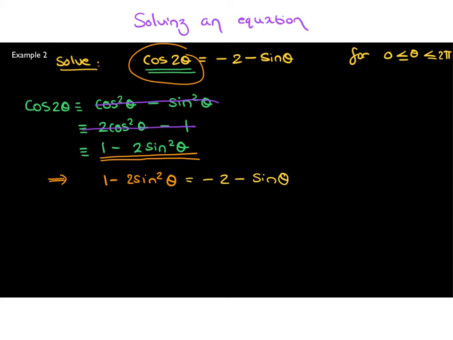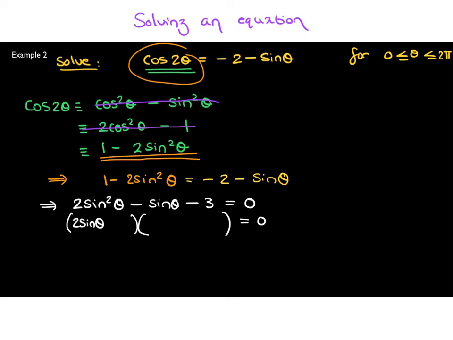Now, we do need to rearrange this, so it's set equal to 0. So this gives me 2 sine squared theta minus sine theta minus 3 equals 0. And we have that quadratic style equation, which we can factorise. So this is going to give me 2 sine theta and sine theta in my brackets.